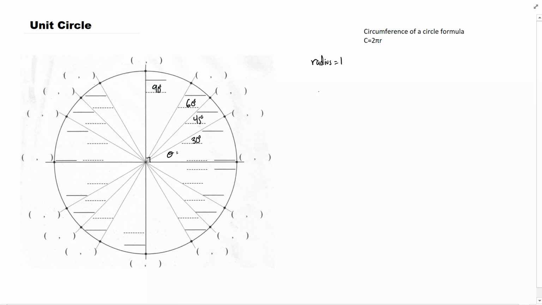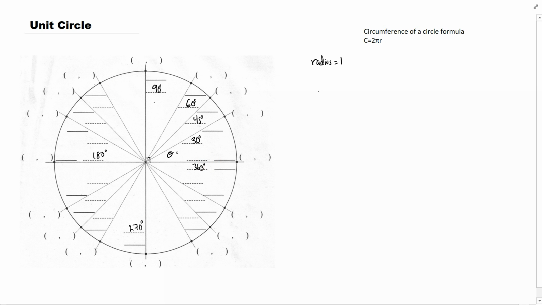Now if we add 90 degrees to 90, that gives us 180. If we add another 90, that gives us 270. And if we add another 90, that gives us 360 degrees, which is a whole revolution.